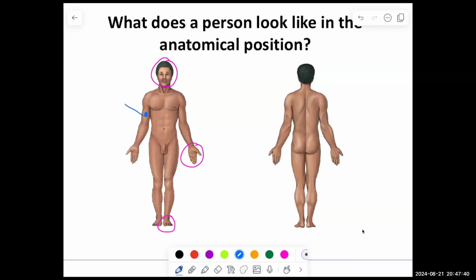This one right here, is that the right or left arm? Are you sure? Always from the point of view of your patient. Always. So which one is it? It is the right.